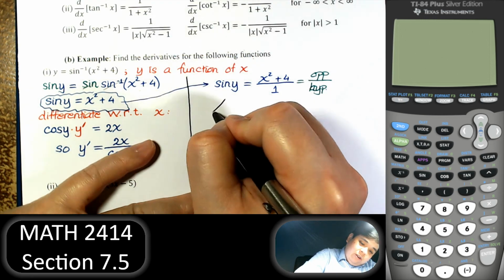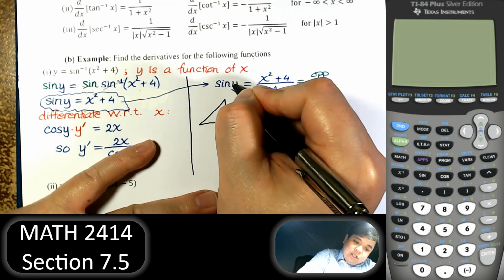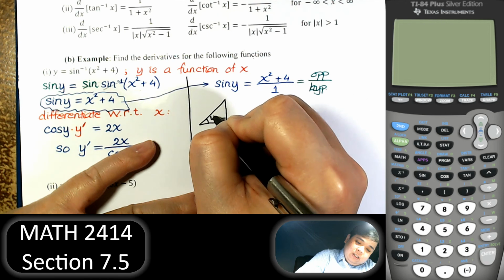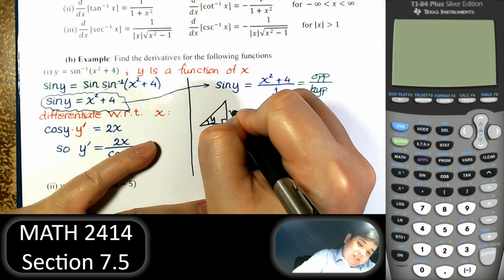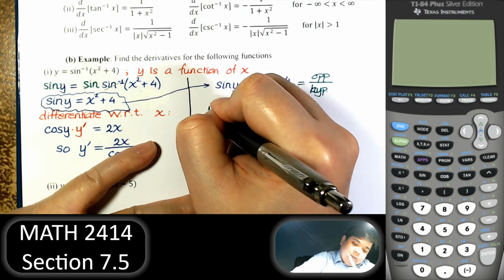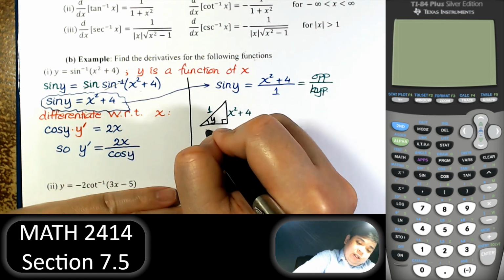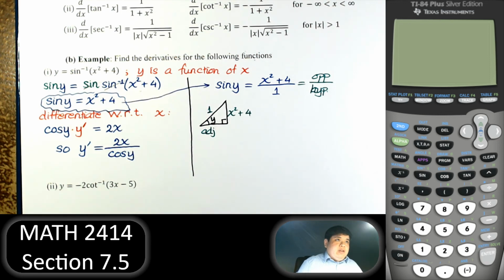So draw a triangle. The angle is actually y. So opposite is x squared over 4, hypotenuse 1. We don't have the adjacent.